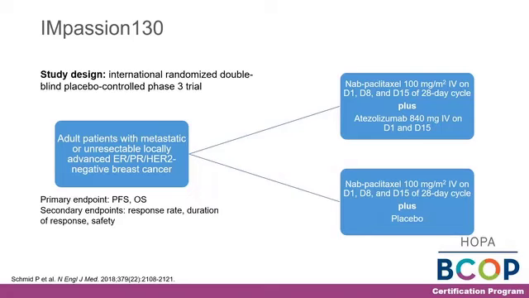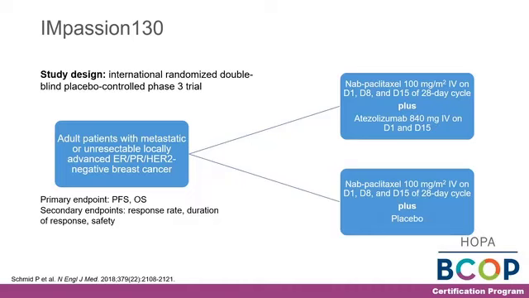Those patients were randomized to receive nab-paclitaxel weekly on days 1, 8, and 15, plus atezolizumab 840 milligrams IV on days 1 and 15. The other group was to receive just nab-paclitaxel alone plus placebo.